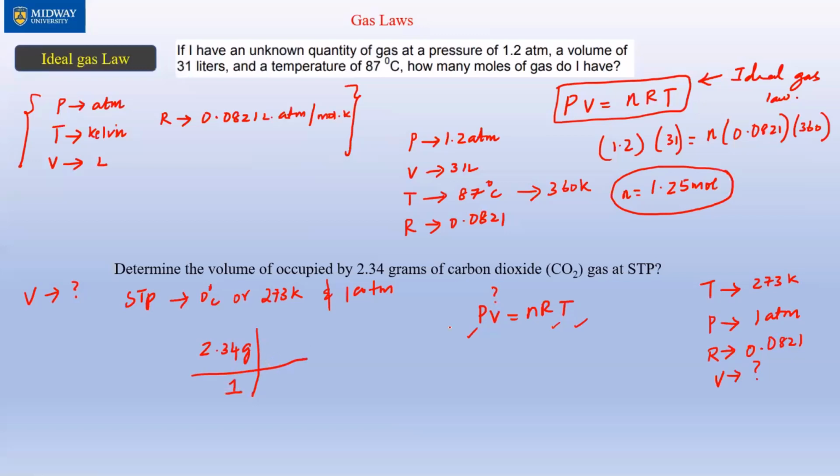Remember, to go from grams to moles, we do grams over molar mass. So that's 44 grams over 1 mole. 2.34 divided by 44 is 0.053 moles.